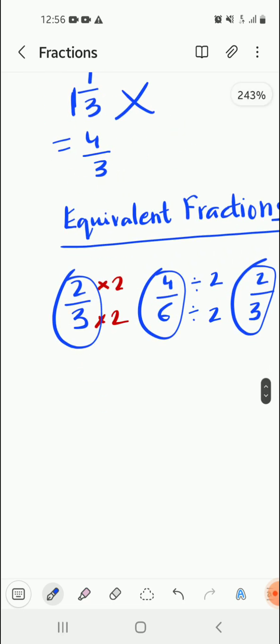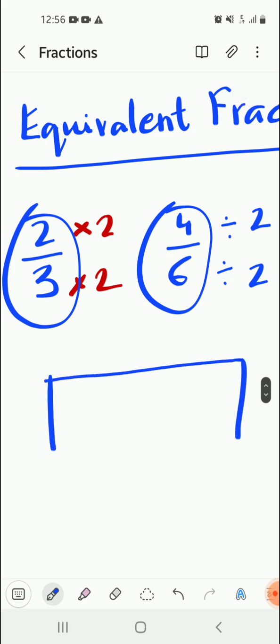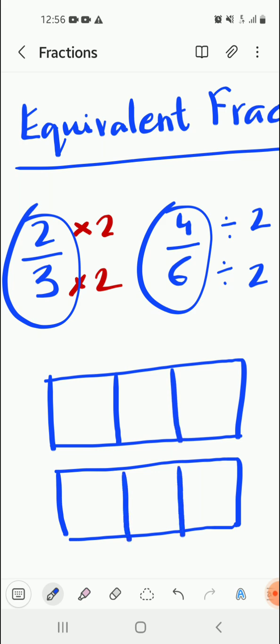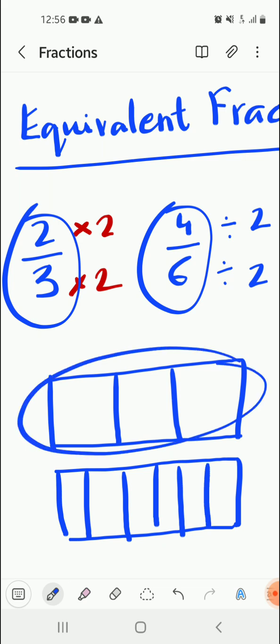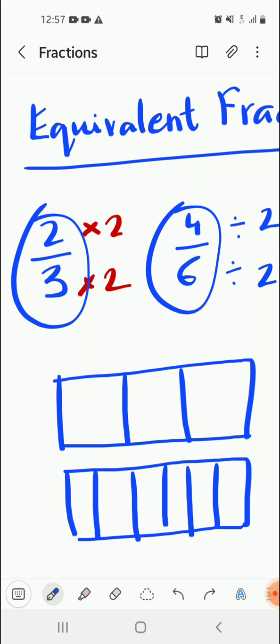I will also prove it to you with the help of a diagram. For an example, there are two pieces of cake of the same size. One of them is divided into three equal parts, and another is divided into six equal parts. So basically, I'm going to show you the 2 by 3 concept here and the 4 by 6 concept here. So first is 2 by 3. That is why I have divided my cake into three parts. 2 by 3 means this part and this part.